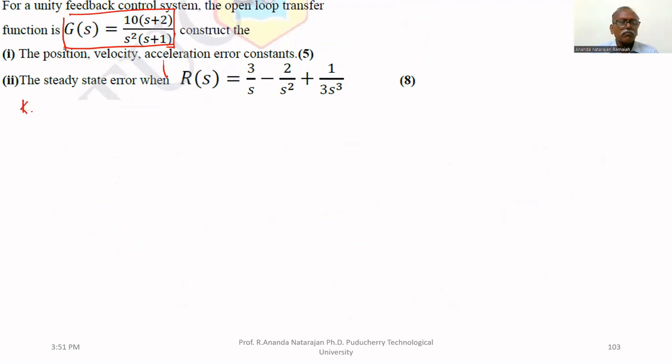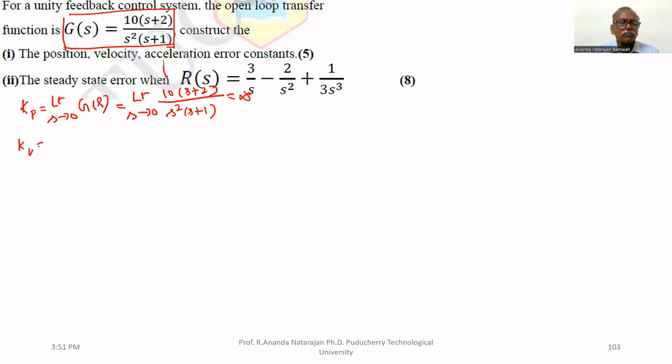Kp equal to limit S tends to 0, G of S. That is equal to limit S tends to 0, 10 multiplied by S plus 2 upon S square into S plus 1. If S tends to 0, it becomes infinity.